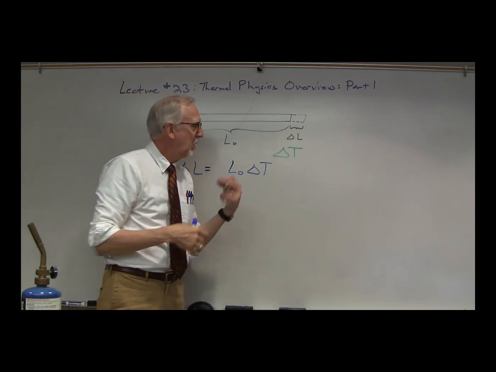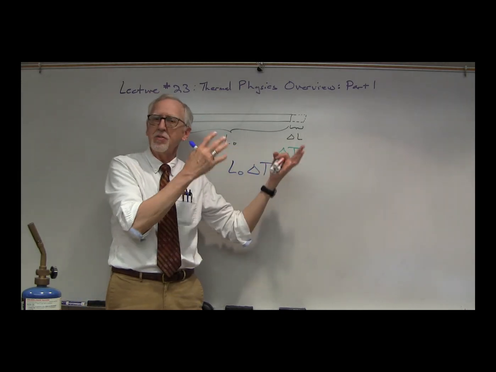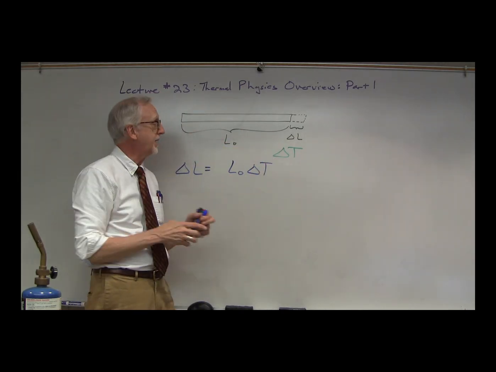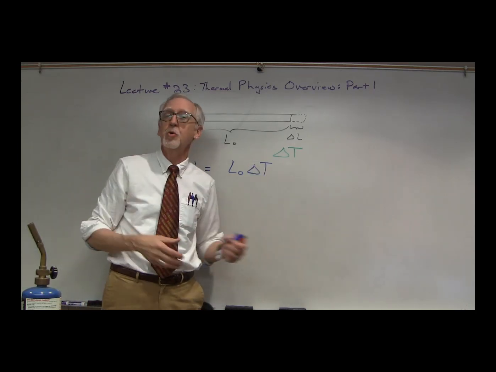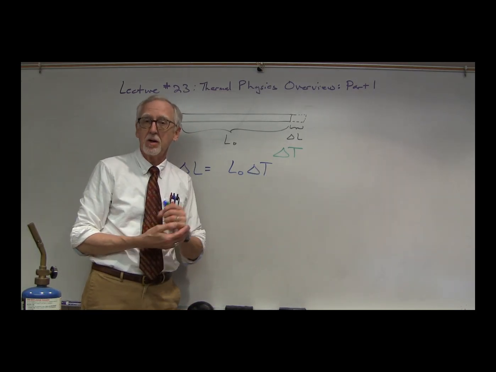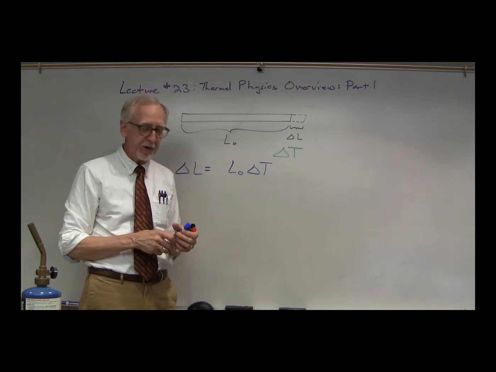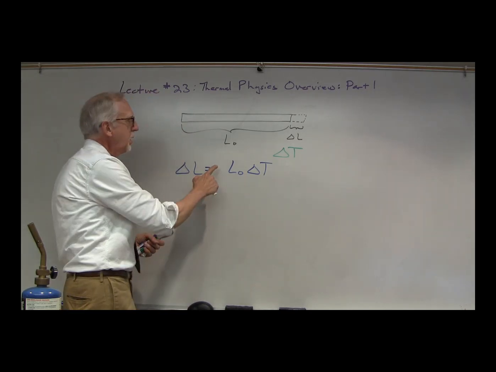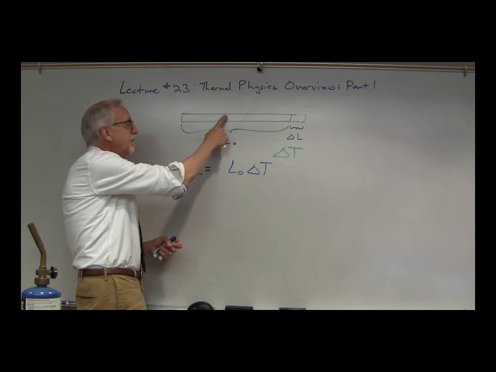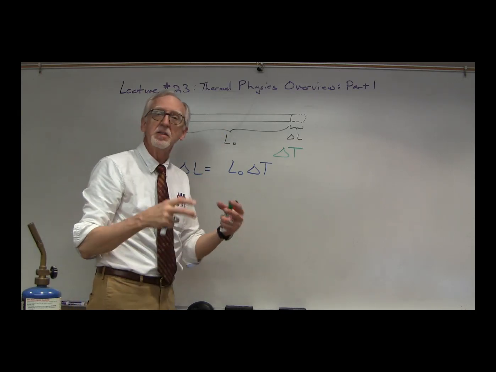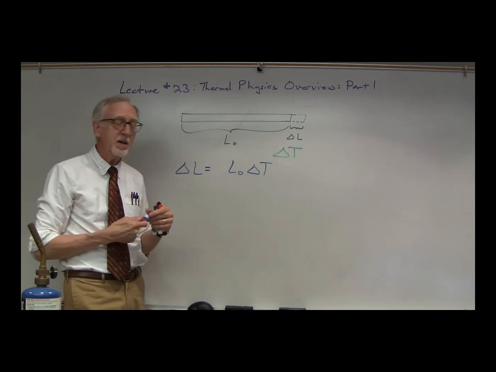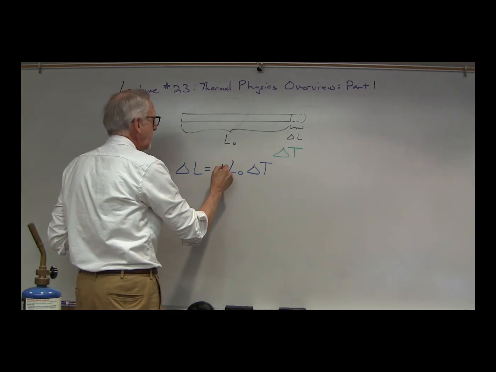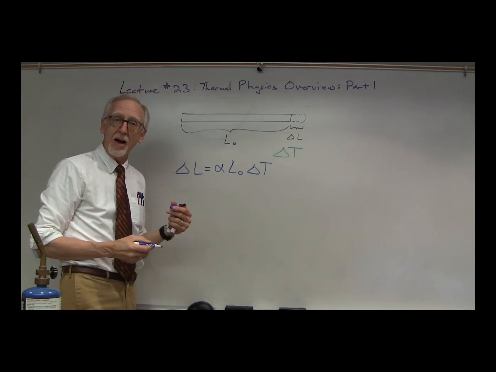Anything else? Well, there are other things, external pressure, things like that, but we will assume that the external pressure is constant. We'll just assume we're in ordinary, everyday atmospheric pressure, so to speak. But what else it depends on is the material. Different materials expand different amounts. So we'll put the dependence on the material in the front with a constant that we'll call alpha.